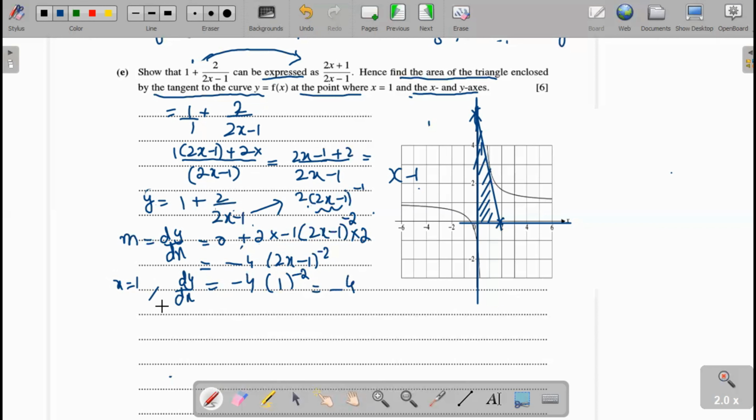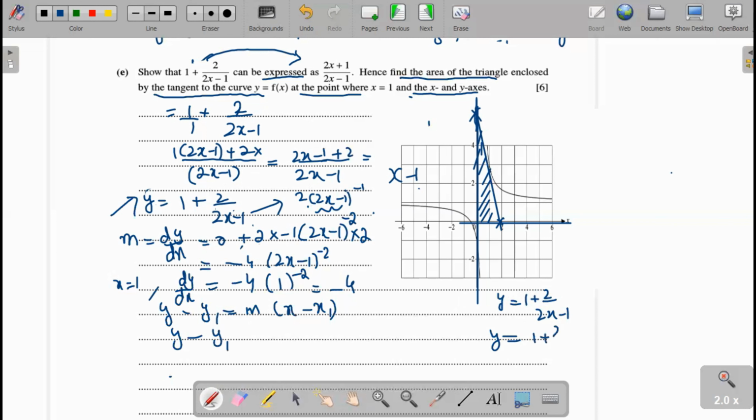The equation of the tangent line is y minus y1 equal to m into x minus x1. Here y1 we can find from this function, y equal to 1 plus 2 over 2x minus 1, when x equal to 1.